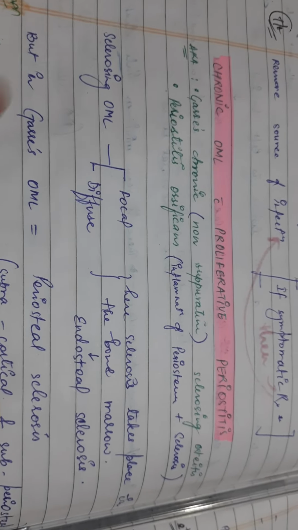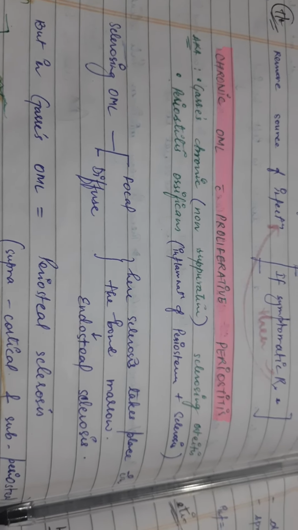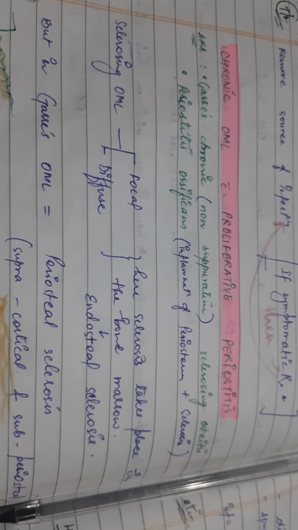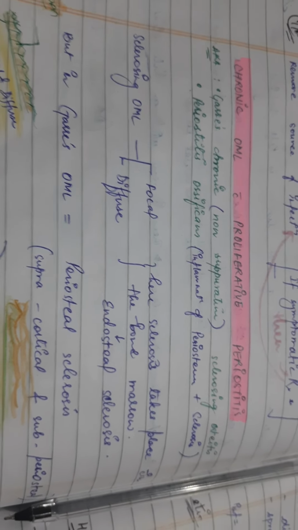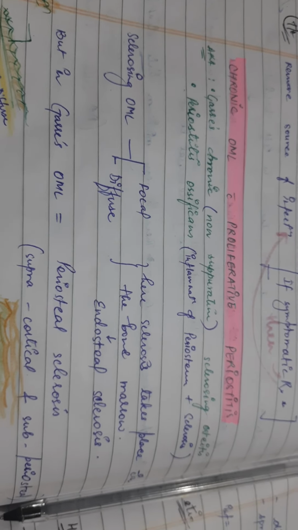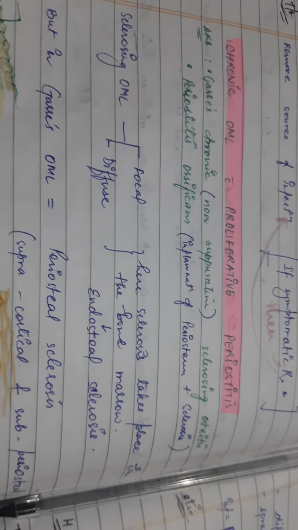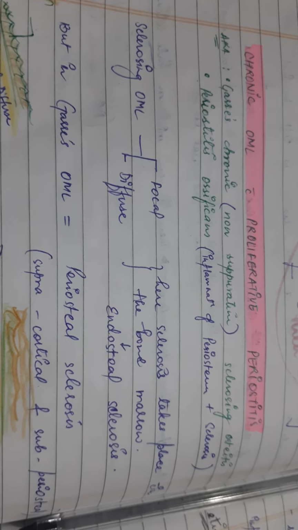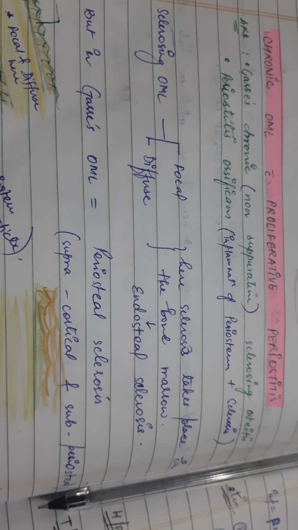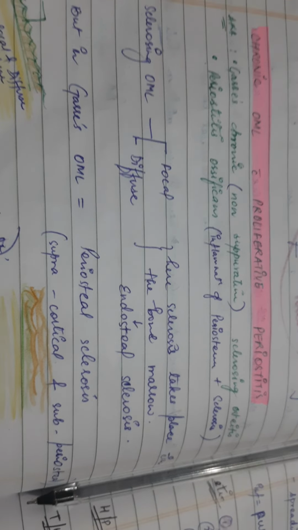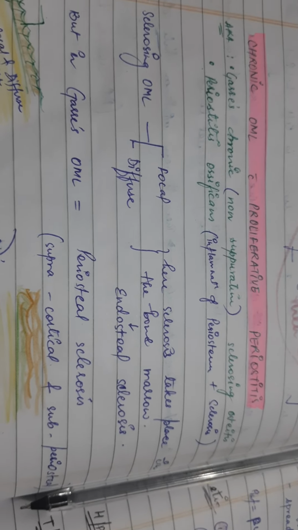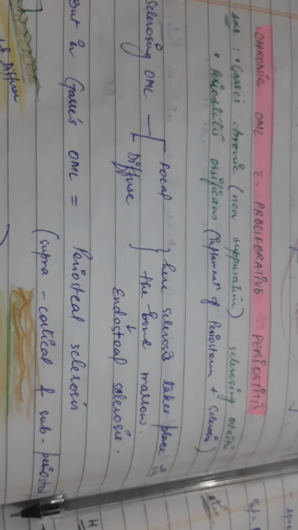In focal and diffuse sclerosing osteomyelitis, sclerosis takes place in the bone marrow, so it is called endosteal sclerosis. But in Garre's osteomyelitis, periosteal sclerosis is present, so it is called supracortical or subperiosteal: above the cortex, or below the periosteum.